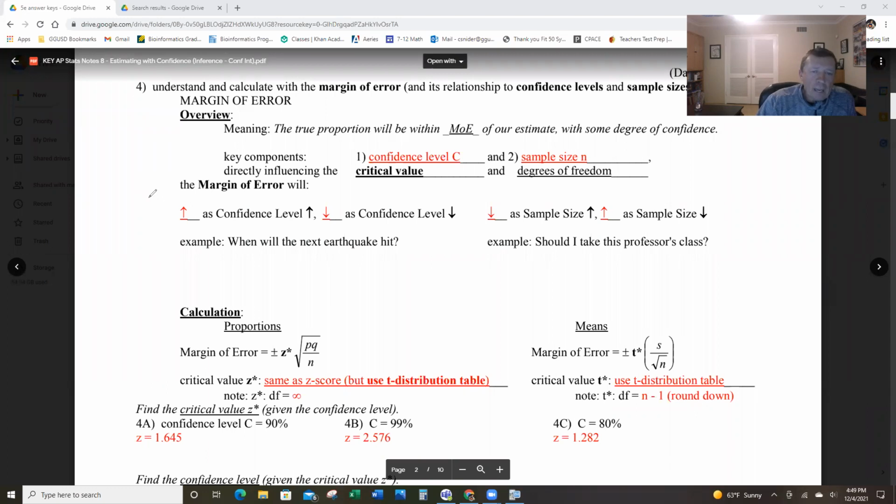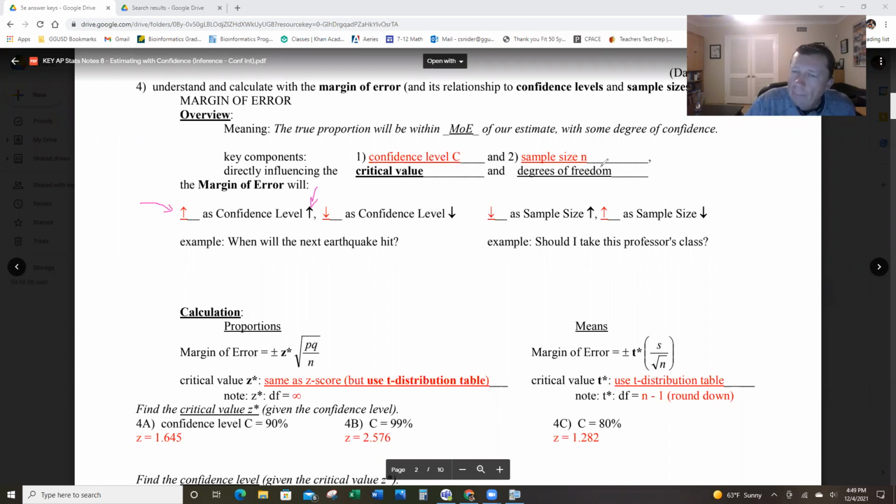So the confidence level, if you crank up the confidence level, like to go from 90 to 99% confident, the interval will rise. If you lower the confidence level, the interval will shrink.